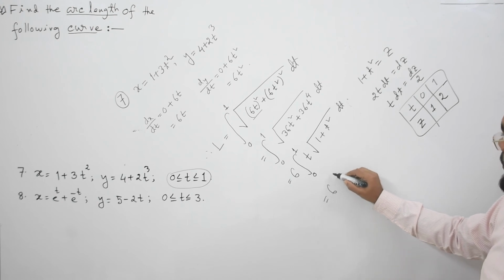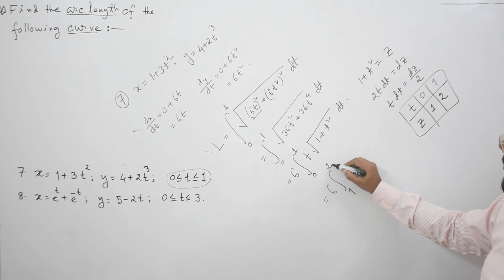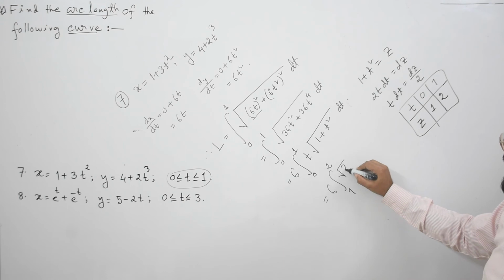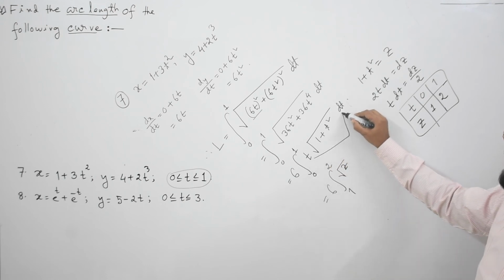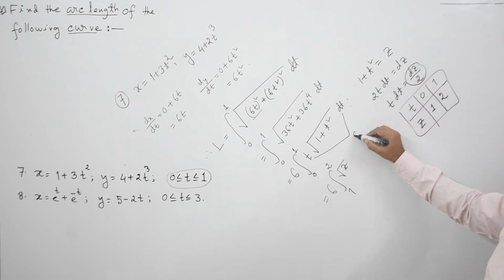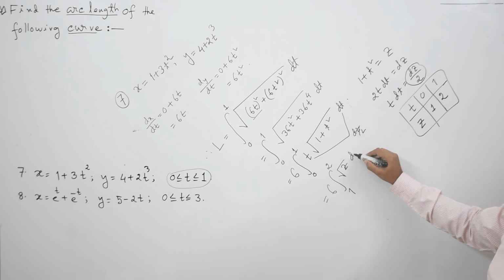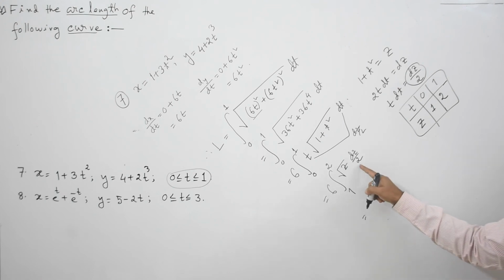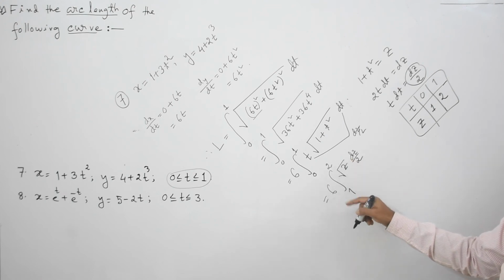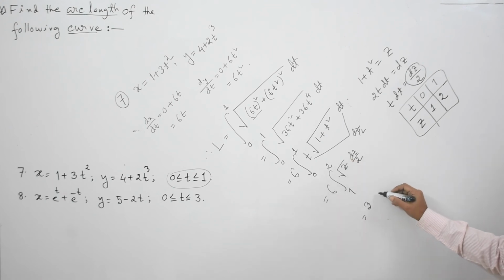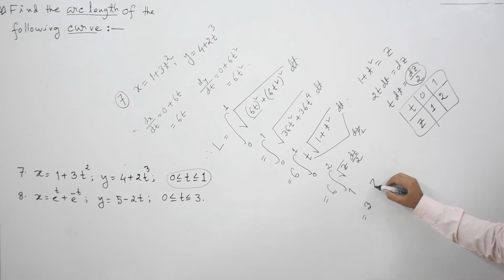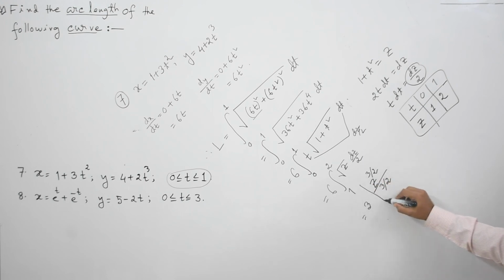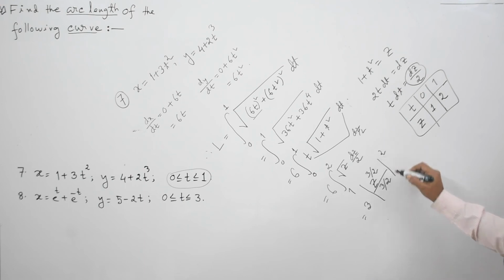So this one will be the integral from 1 to 2 of root z times t dt, which is dz by 2. Okay, dz by 2. And now this half we can take out of this integration, so it will be 3, and the integration of root z is z to the power 3/2 divided by 3/2, from 1 to 2.